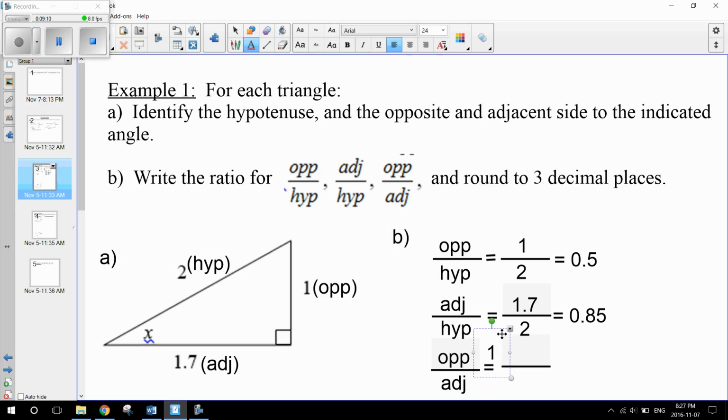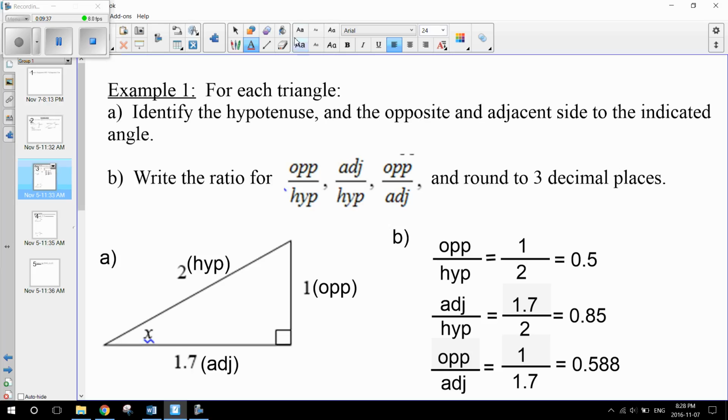Hopefully someone said that's the value of 1. And our value for adjacent is 1.7. Again, throw that into your calculator, and we should get 0.588 when we round to 3 decimal places. So remember, this will actually give you more decimal places. Make sure you round it to those 3 decimal places, 0.588.